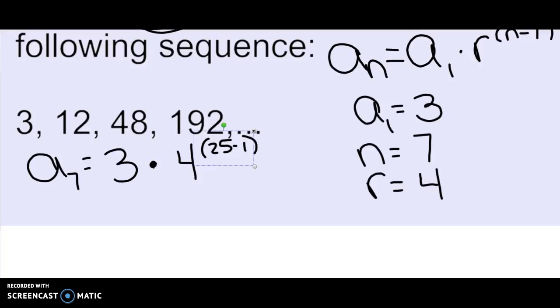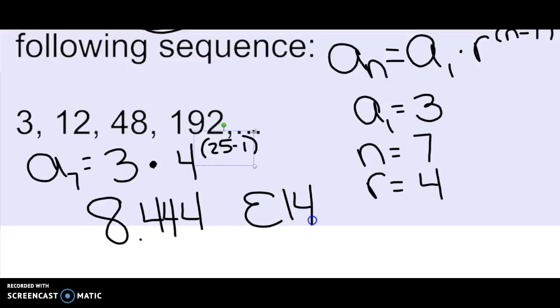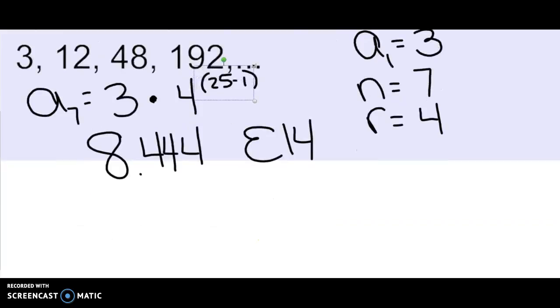Okay, so on my calculator, I got 8.444, and then at the very end it has E14. So what does that mean? That means times 10 to the 14th power.